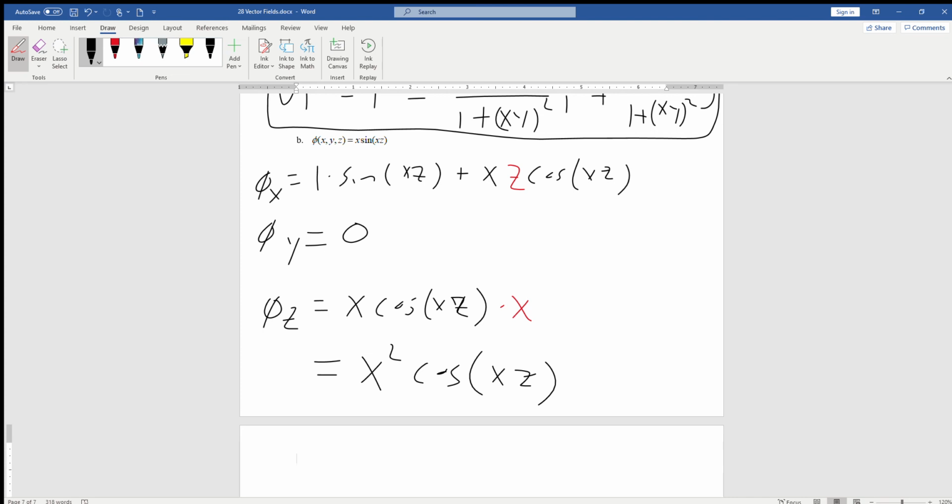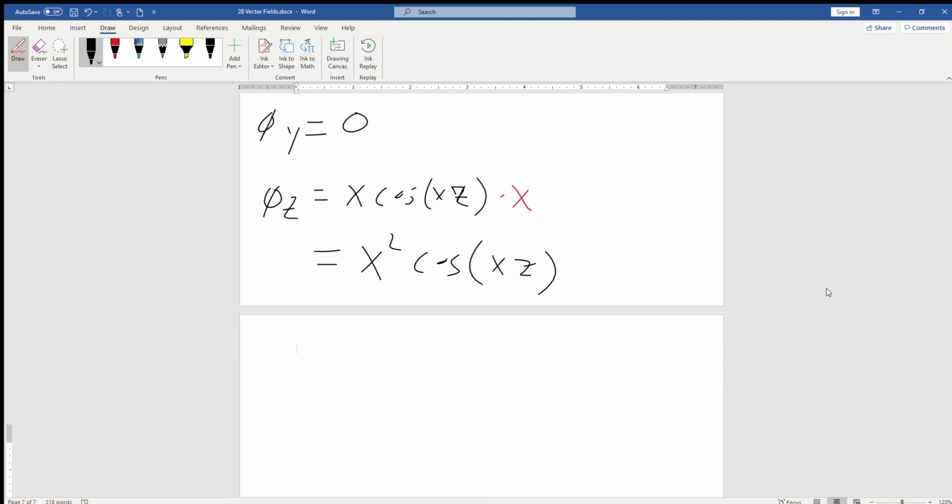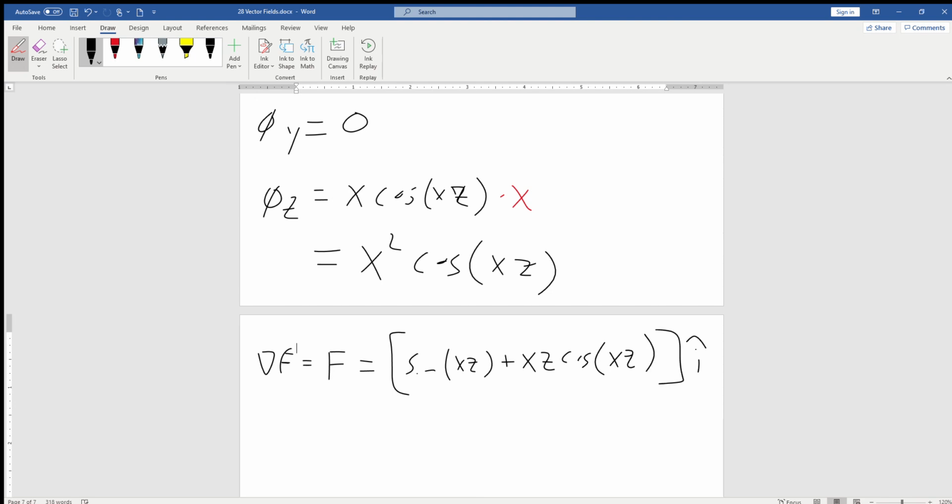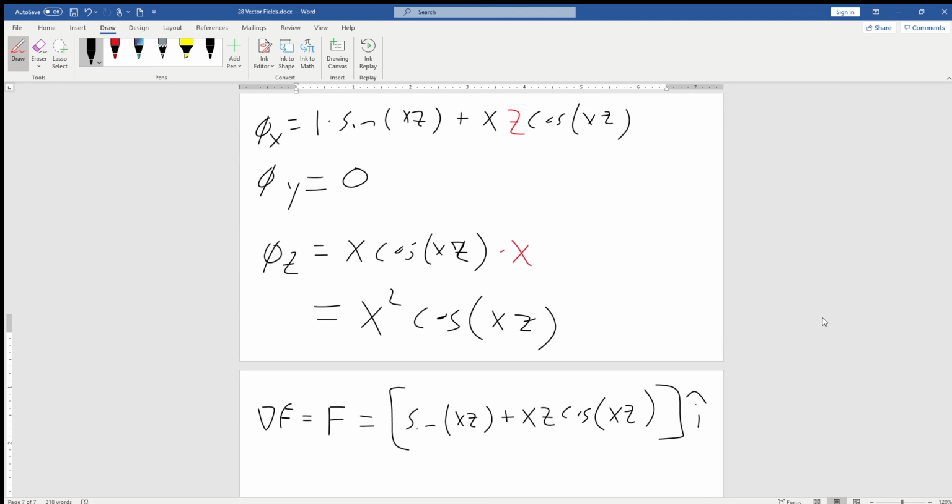Finally, we're going to write what the conservative vector field is. We just take those partials, so our gradient f, which we're just going to call f, is going to be equal to sine of xz plus xz cos xz, multiplied by the i, because now we have our vector field.